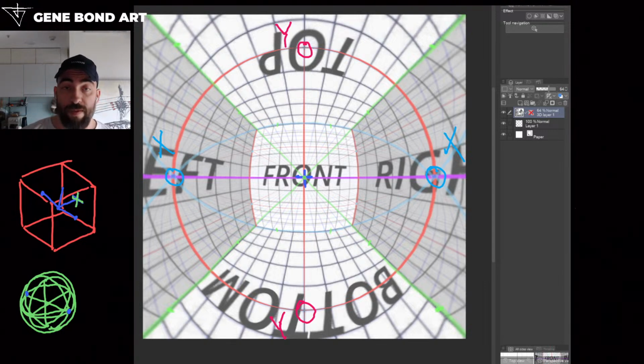Without drawing this room, this box inside which you are standing, you still always have it subconsciously in the mind: an idea of top, bottom, left, right, and front, right?